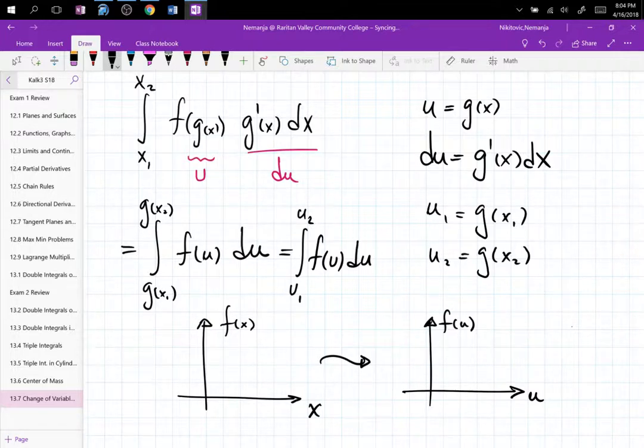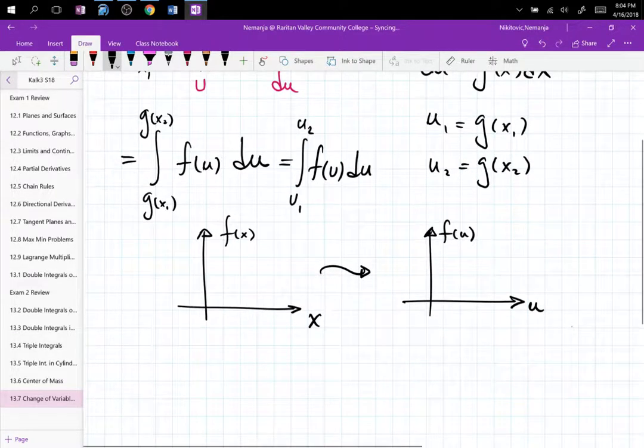Some really scary functions become something very easy to work with when we do these things. This is called the change of variables, and you see that the variable x changes into variable u. Now our goal is to do the same in multiple integration.